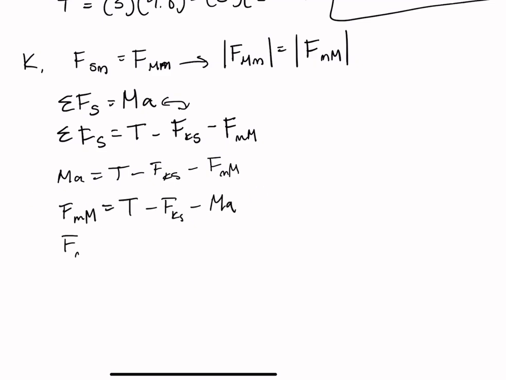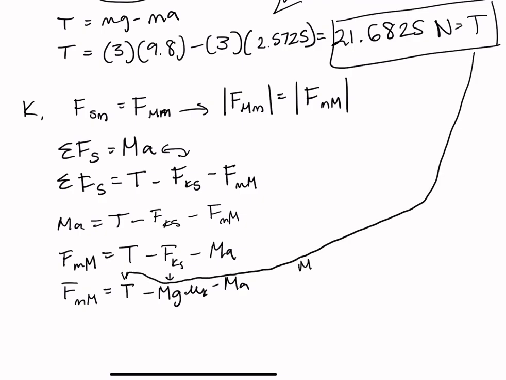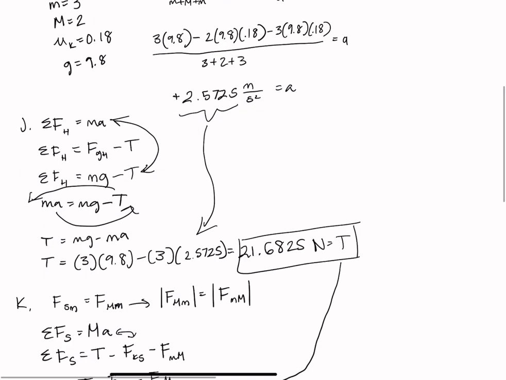We can also replace FKS again with the mass of block S times g times mu. Now all we have to do is plug in these variables. We know T, we know m, and we know a.